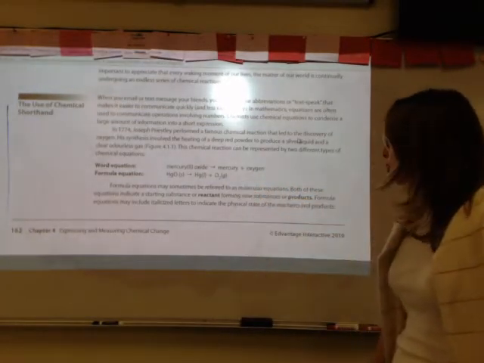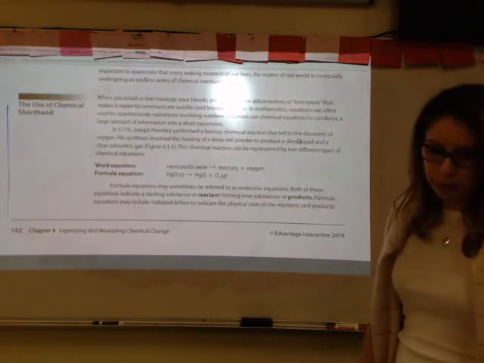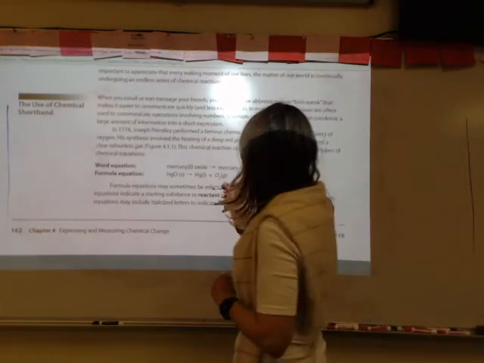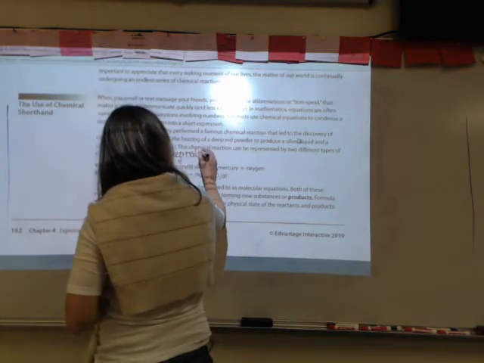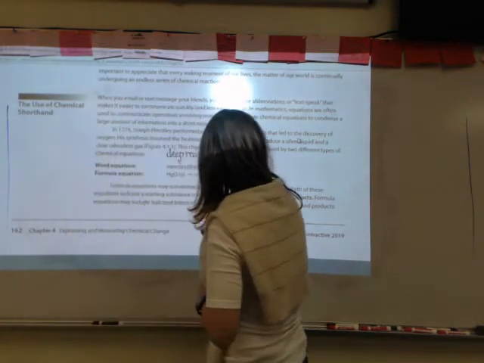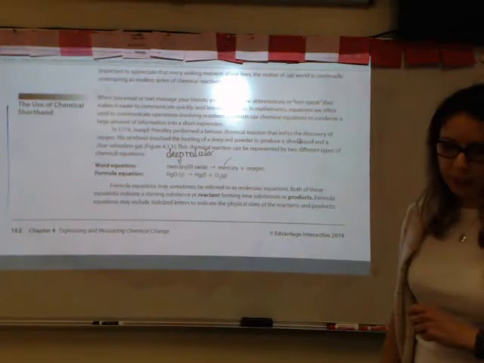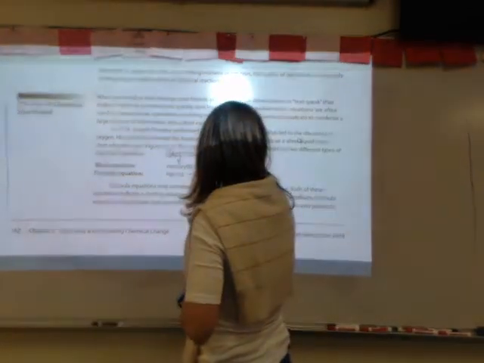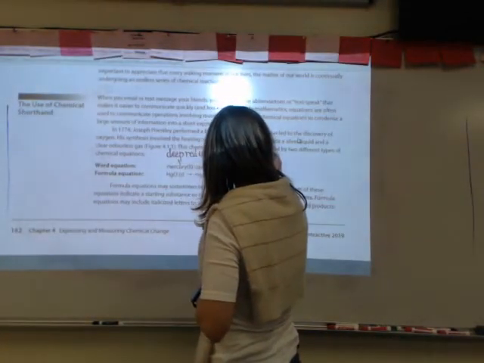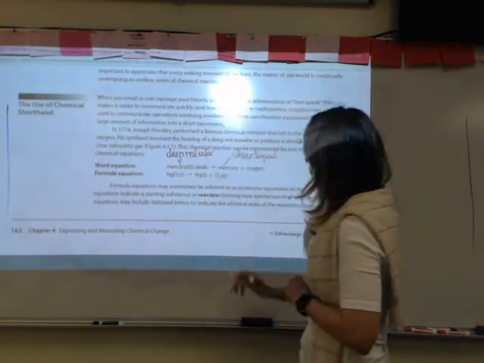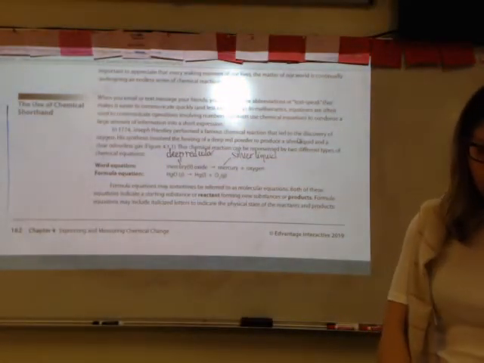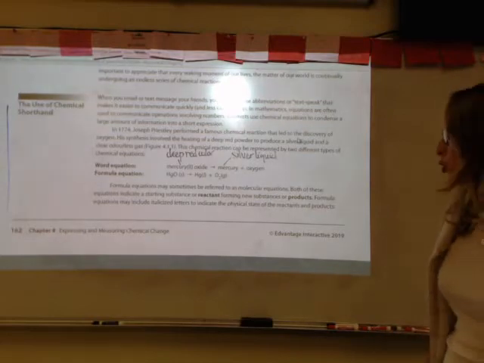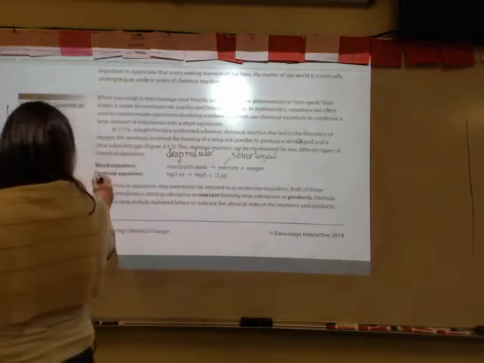Now, when you've got mercury 2 oxide decomposing into mercury and oxygen, mercury 2 oxide is a deep red color, and mercury is a silver liquid. And the formula equation sometimes is referred to as the molecular equation.